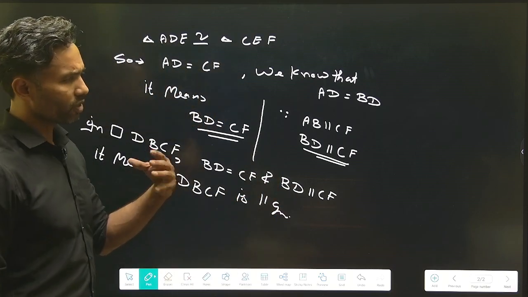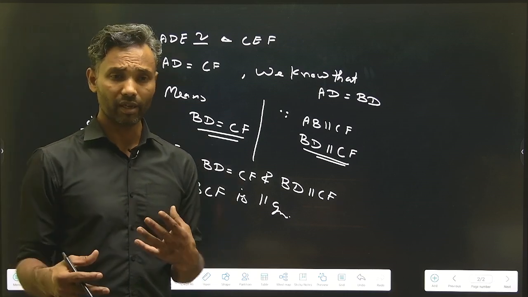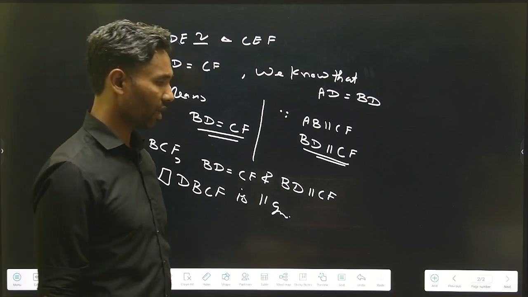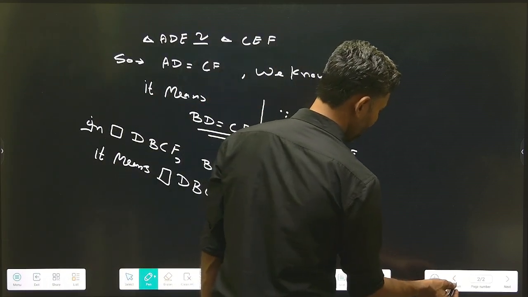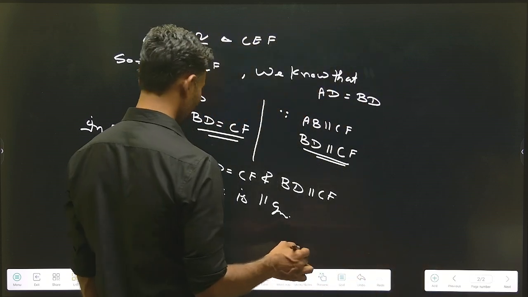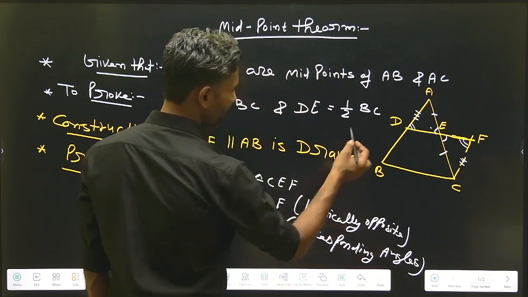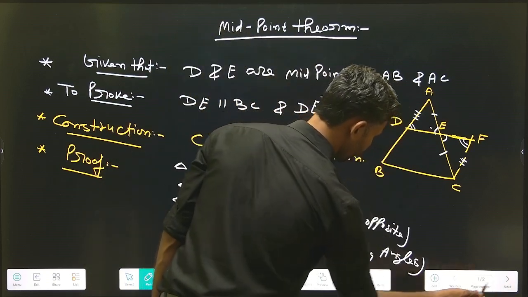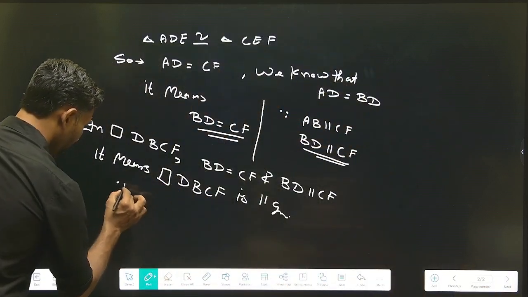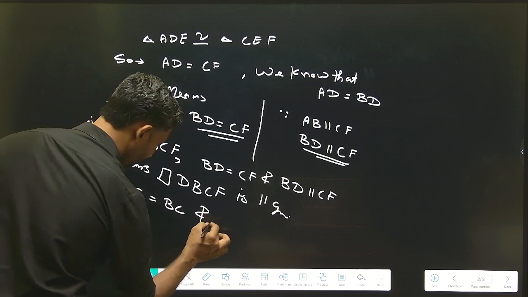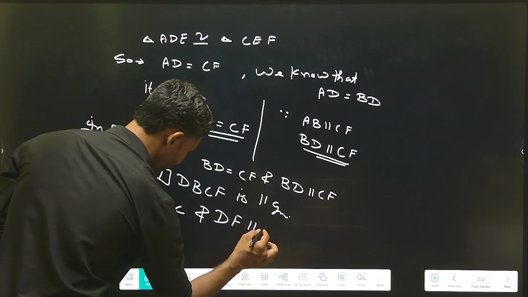So what is the property of the parallelogram? A parallelogram says that opposite sides will be parallel and equal. It means we can say that BD is already equal to CF, and DF will be equal to BC and DF parallel to BC.